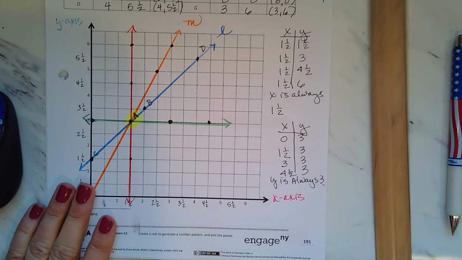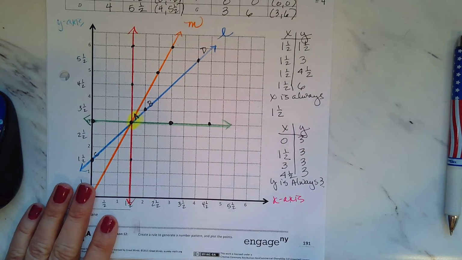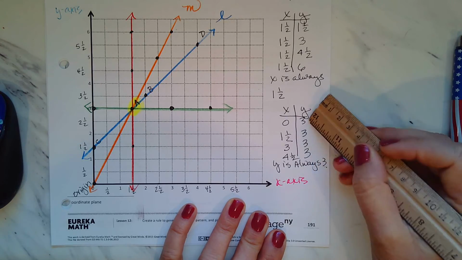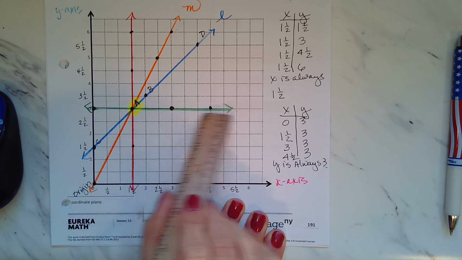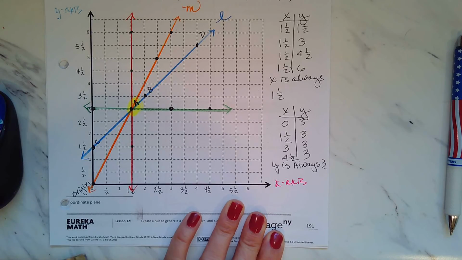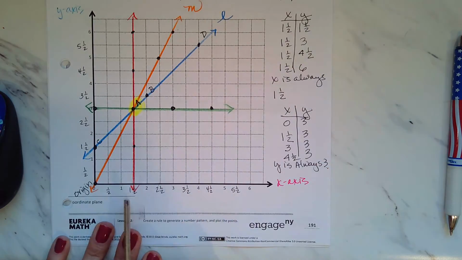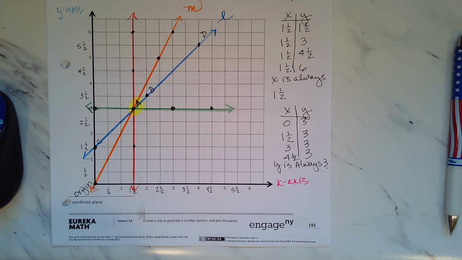So now I've created a horizontal line. So when the y coordinate is always the same, you're going to end up with a horizontal line. When the x coordinate is always the same, you're going to end up with a vertical line.